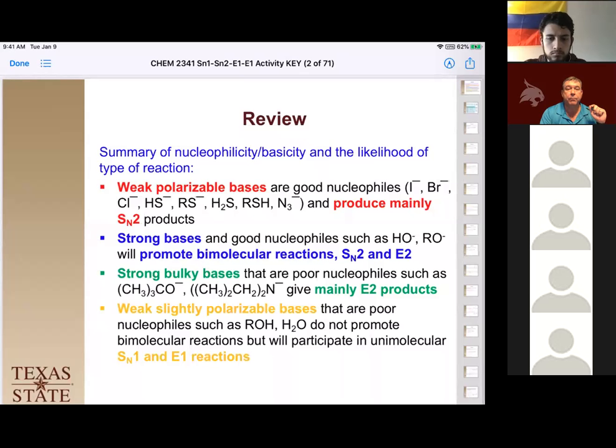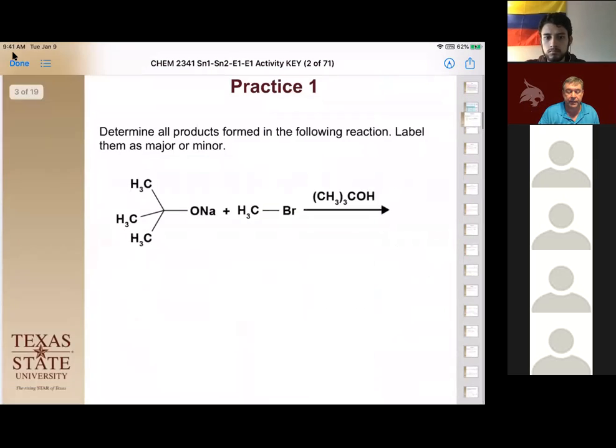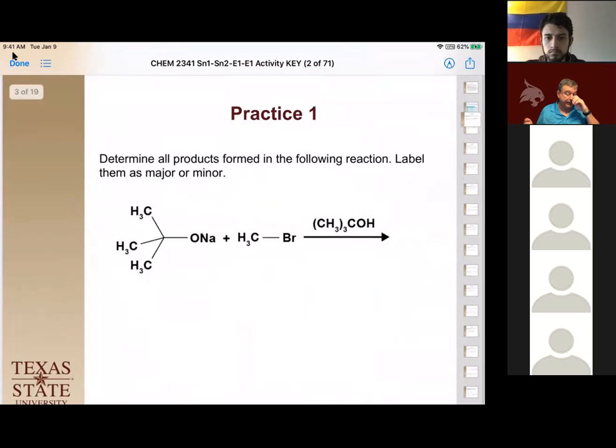there it is. Okay, so this is the review. This is the key that I've posted to Canvas, but I wanted to go over a couple different examples to show you why the answers are what they are. So you were asked in the practice to look at this substrate and figure out what the reaction is going to do and what the minor products are.